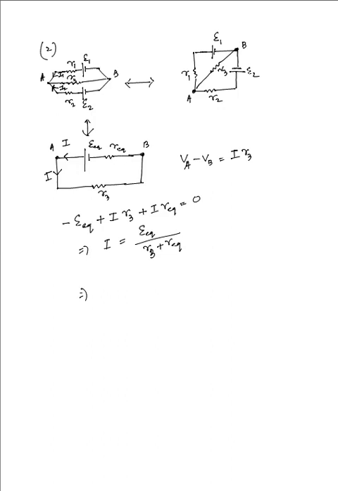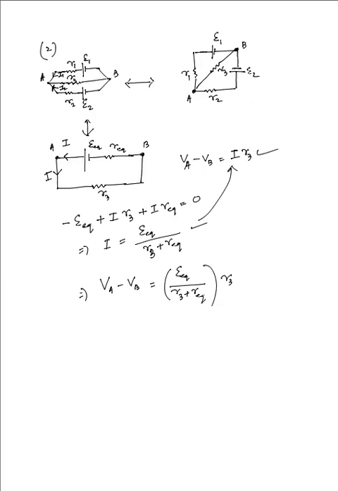So what we have is VA minus VB that we wish to determine in this case. That will be equal to the current that is obtained over here. I am substituting the value of current over here, so we have this to be equal to E equivalent divided by R3 plus R equivalent, multiplied with R3.